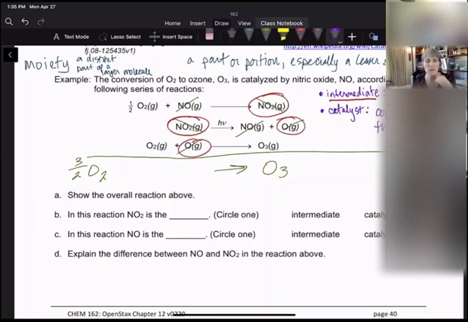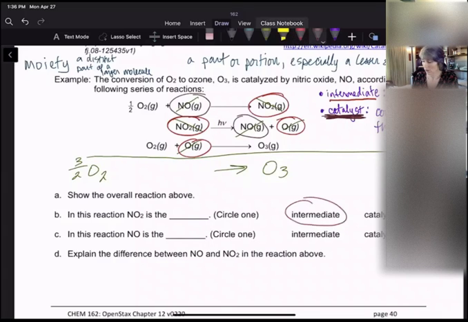So it interacts with a molecule and then gets kicked off at the end. It still cancels out of the overall equation. Okay, so this one's the catalyst because it's consumed first and then regenerated. So NO2 is the intermediate and NO is the catalyst.